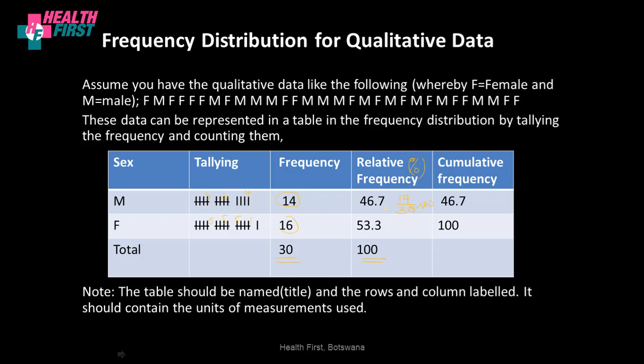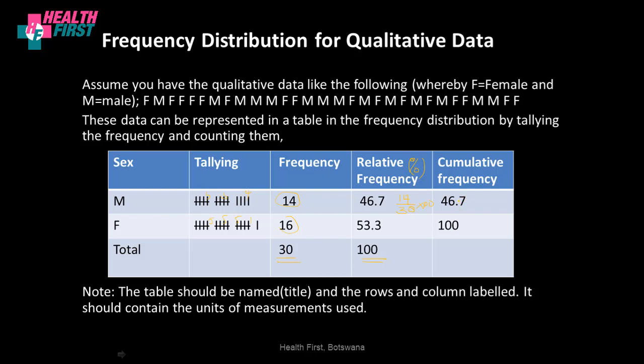And now for the cumulative frequency, what you do basically is, remember for cumulative frequencies, you have to add cumulatively the previous group to get the next cumulative frequency. What that means is the first cumulative frequency here would be 46.7.